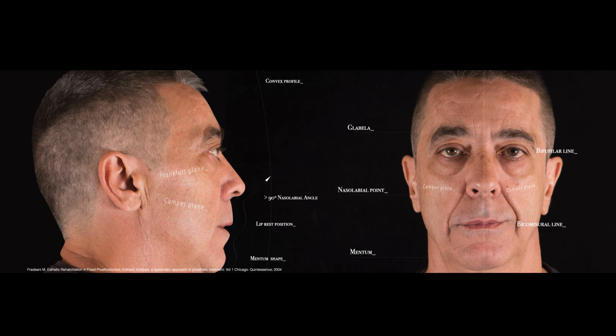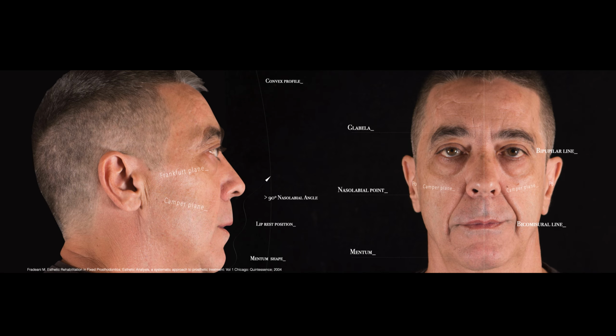Under the bipupillar line, in this picture, we have the Camper plane, that is very important because it's more or less the plane that we will take into consideration when we mount on the articulator to fix the posterior occlusal plane.